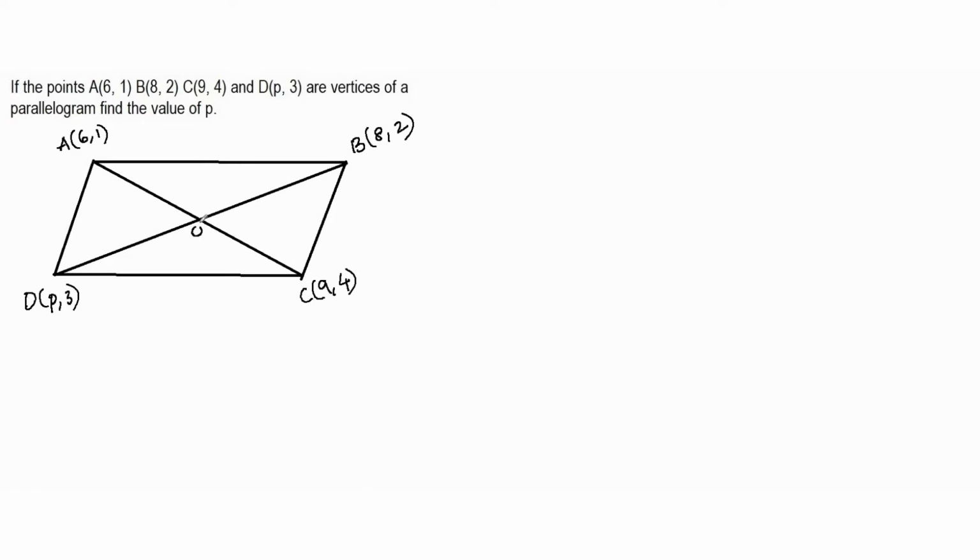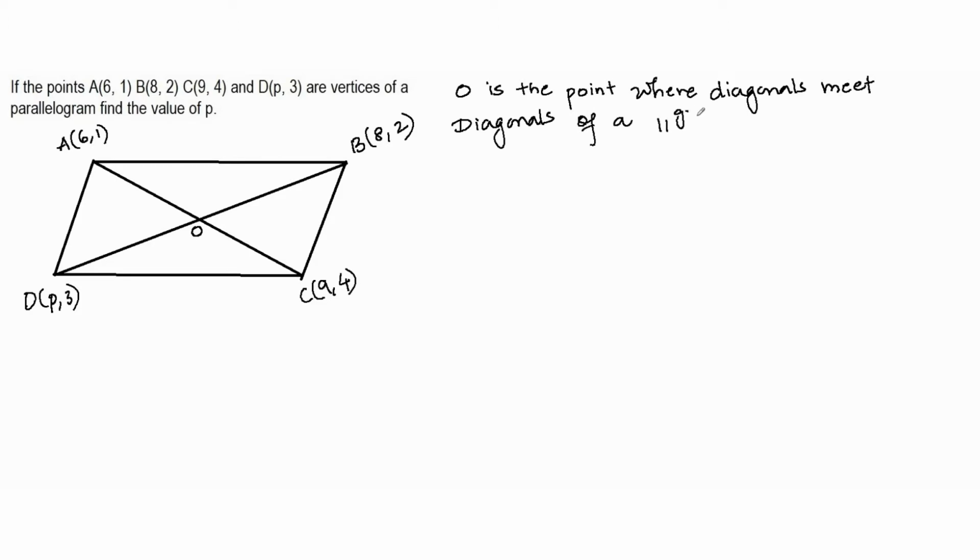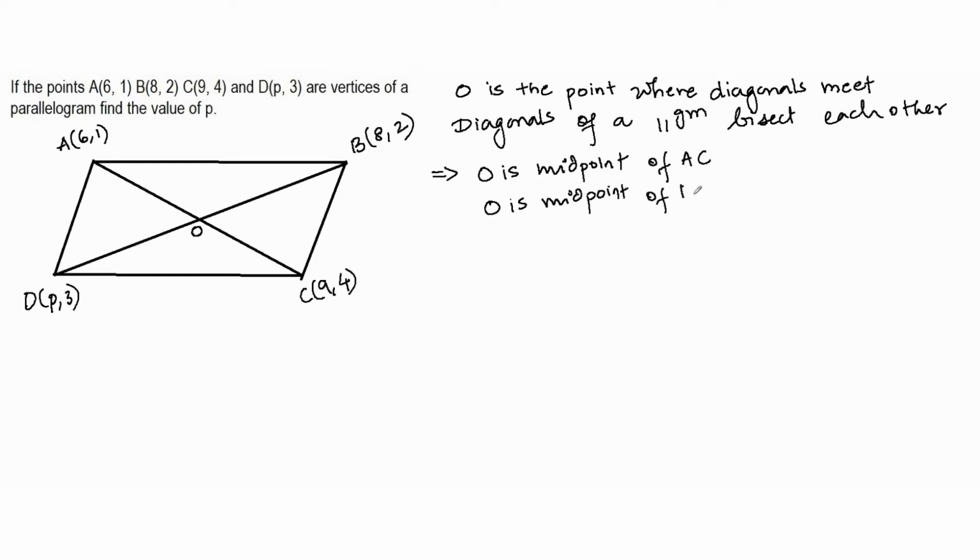It means that O is the point where the diagonals meet, and the diagonals of a parallelogram bisect each other, and therefore O is the midpoint of AC as well as the midpoint of BD.